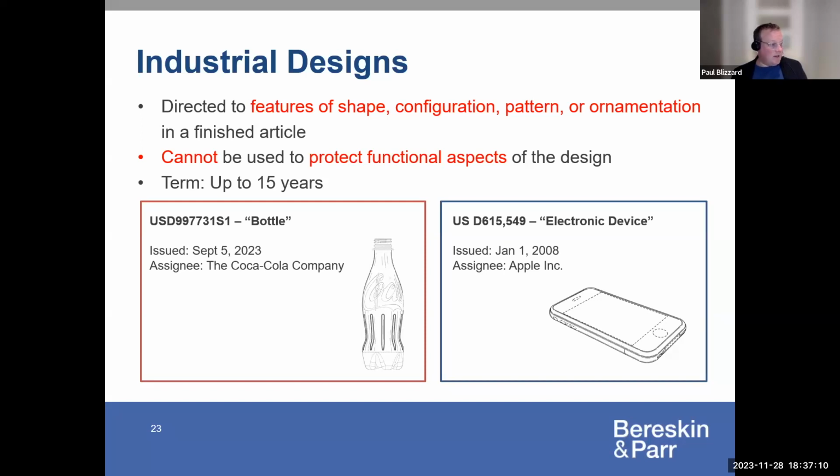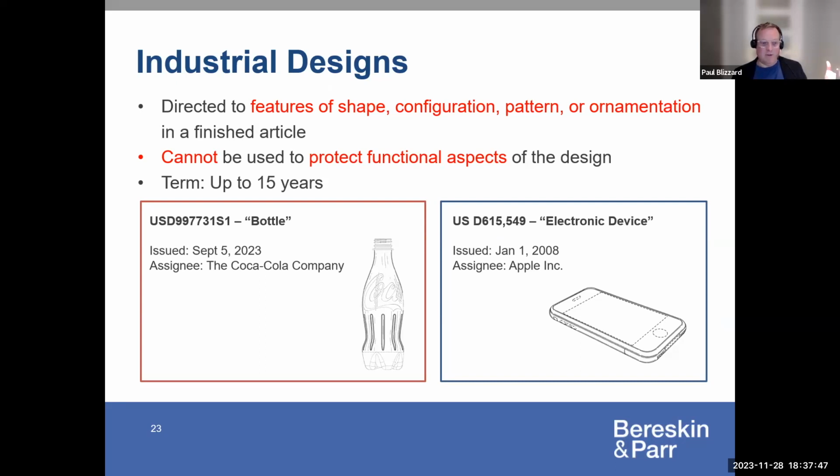So industrial designs. Industrial designs cover the shape of things. It's kind of an interesting area, because they have a term of protection of up to 15 years. They don't protect the features or the utilitarian aspects of something, but they do protect the shape. So a really good one that helps to understand what it is that is actually being protected is the Coke bottle.